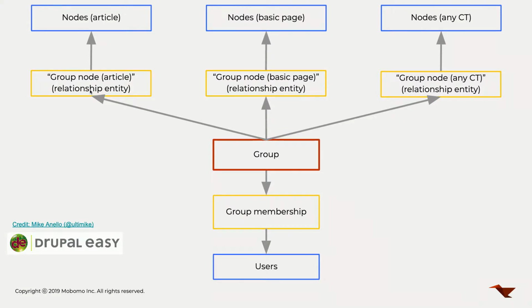It's almost like you're giving them a window to look at this node, but it also has curtains and shutters, which are our fields on the group content itself. So you can add additional fields to these yellow guys to describe the relationship. The one thing we've been doing on every site I've built with groups so far is menu links.